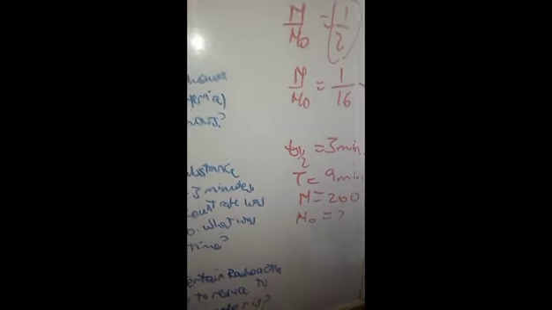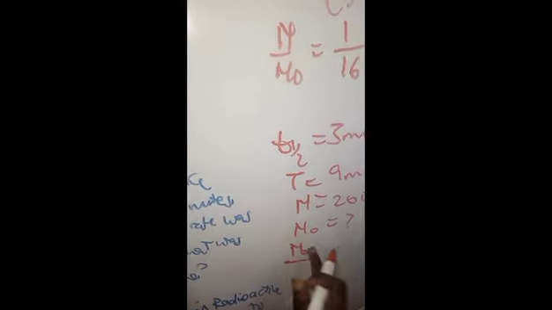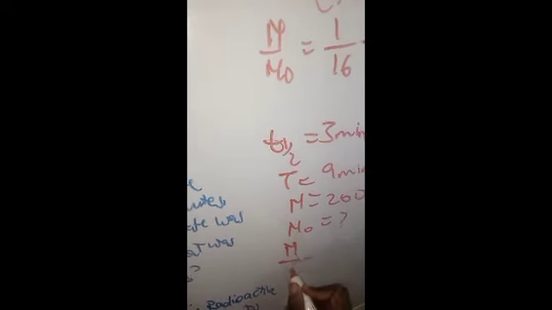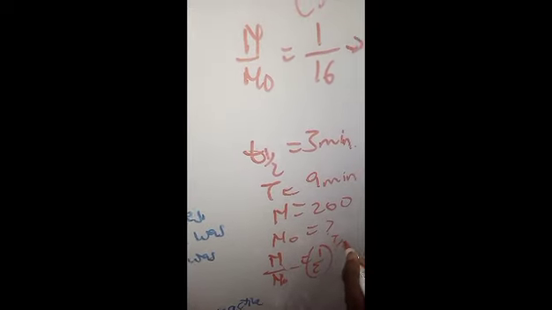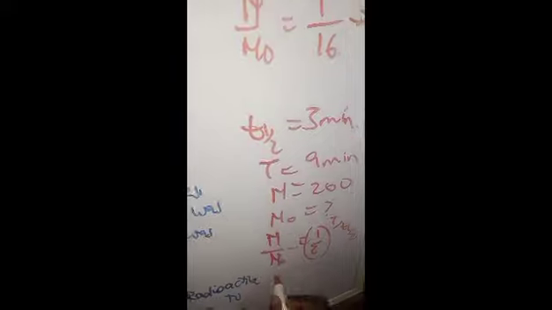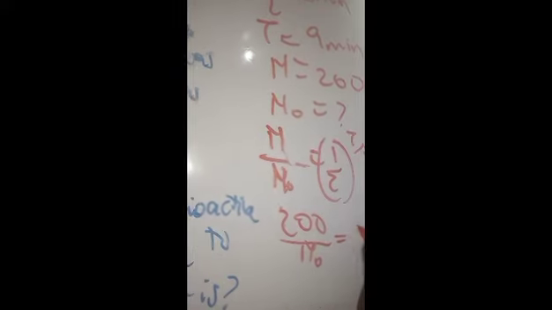So I'm sure you have done that now. Let's move on. Let's cross check if you got it. N over N naught is equal to 1 over 2 raised to power T over T half. N is 200, so 200 over N naught is equal to 1 over 2.